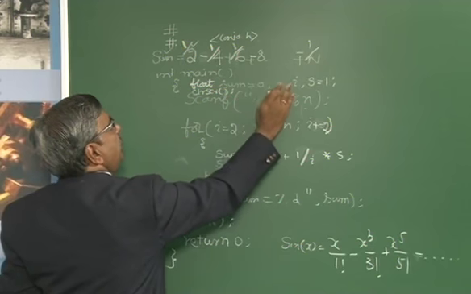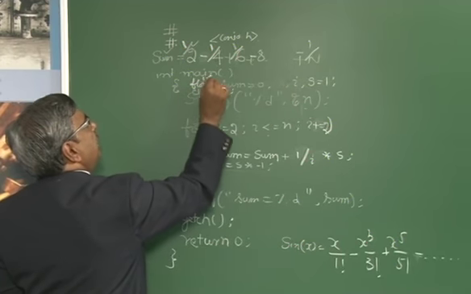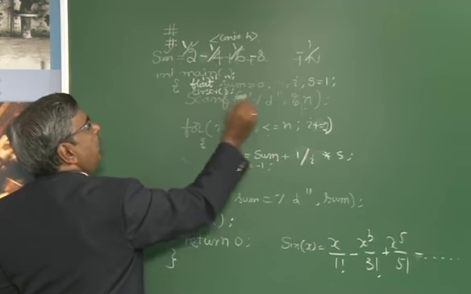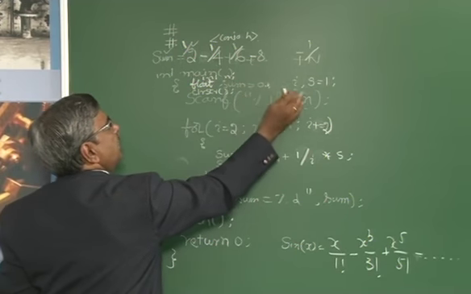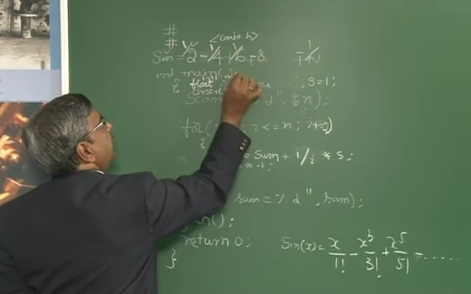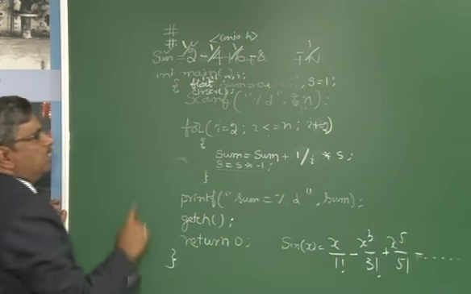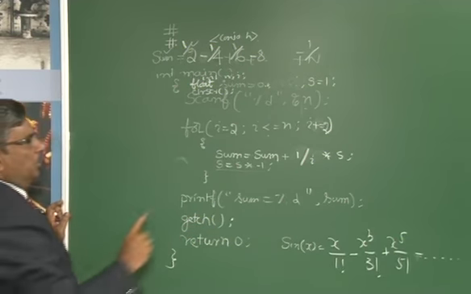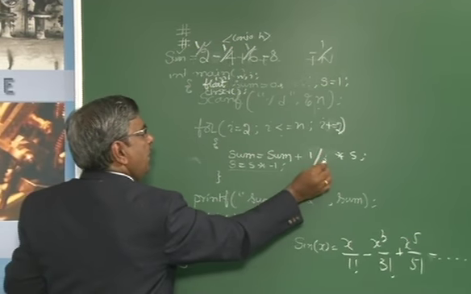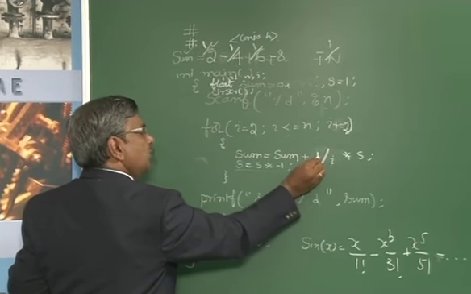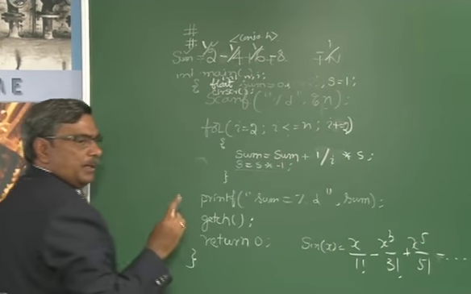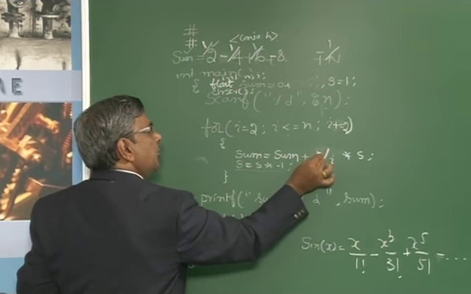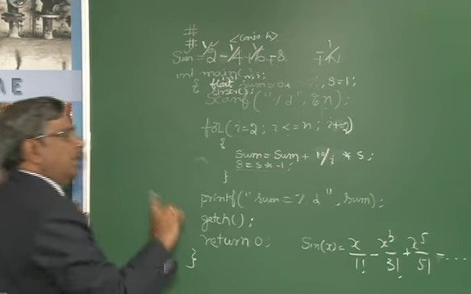The n variable you can take as integer only, int n. The remaining variables, if you take i as integer, and 1 is also integer, the result will be an integer value. To avoid this, you introduce 1.0 and compute.